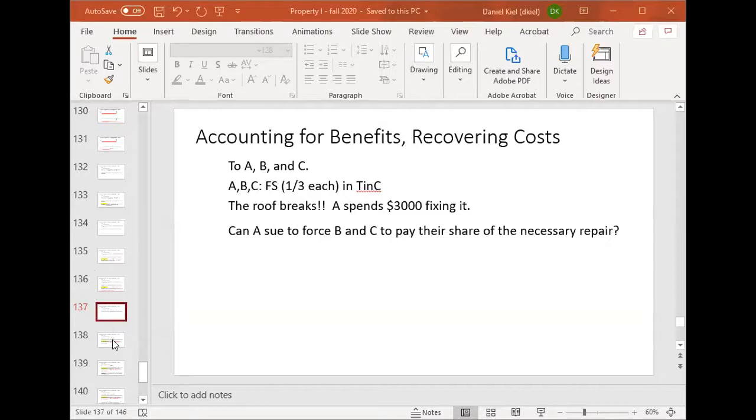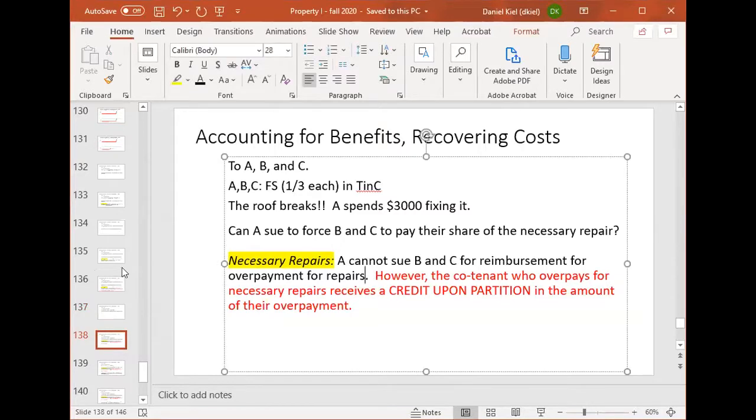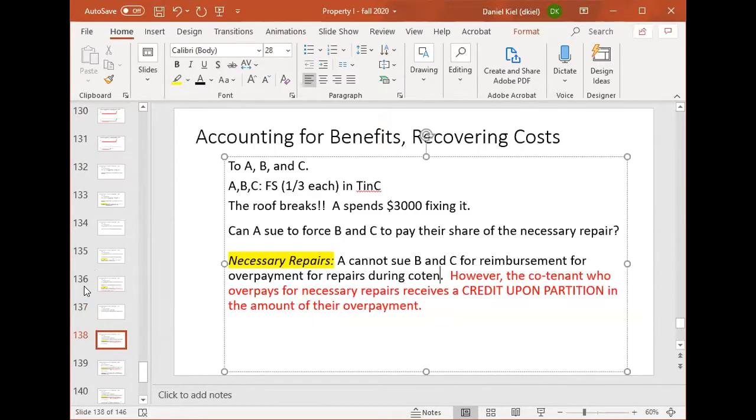Necessary repairs: A cannot get reimbursement for overpayment for repairs during co-tenancy. So long as the property is held in co-tenancy, A is out of luck here.